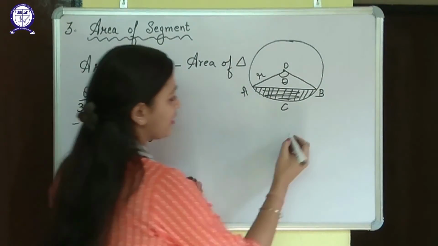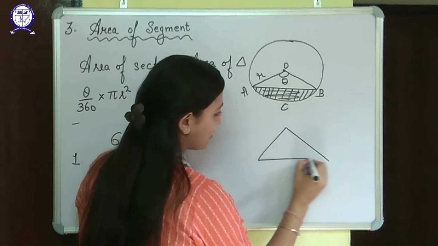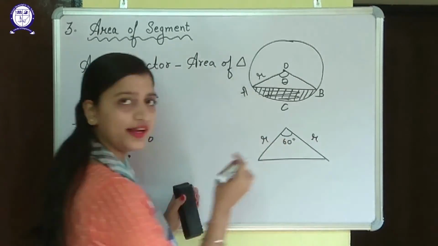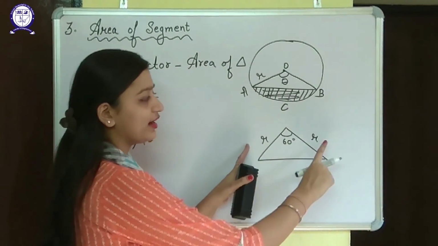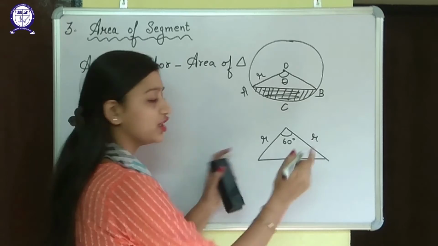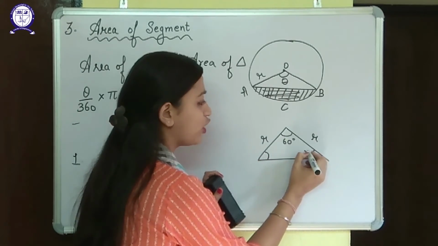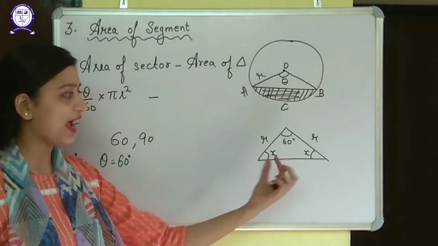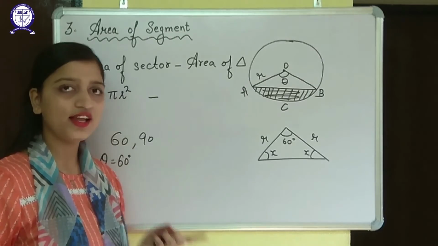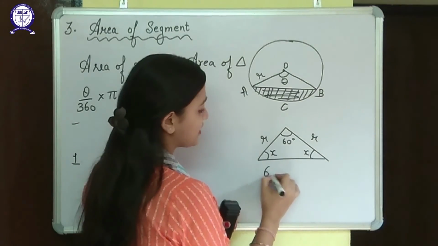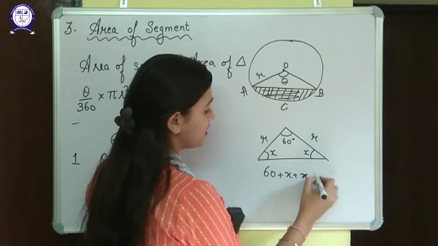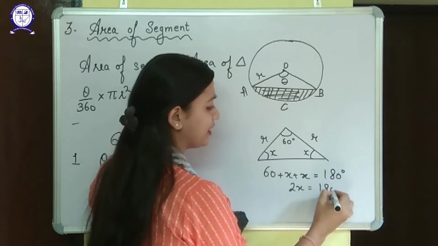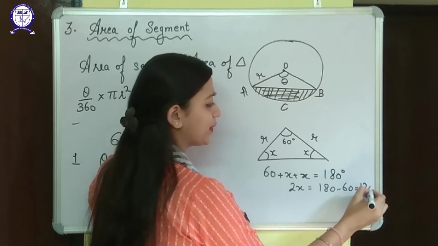Suppose this is my triangle and this is my 60 degrees, and these two are my radii. If these two are radii, they should be equal to each other. So these two angles will also be equal to each other, by the property of an isosceles triangle: angles opposite to equal sides are equal. So what will I get? 60 plus 2x is equal to 180 degrees, so 2x is equal to 180 minus 60, that is 120 degrees.